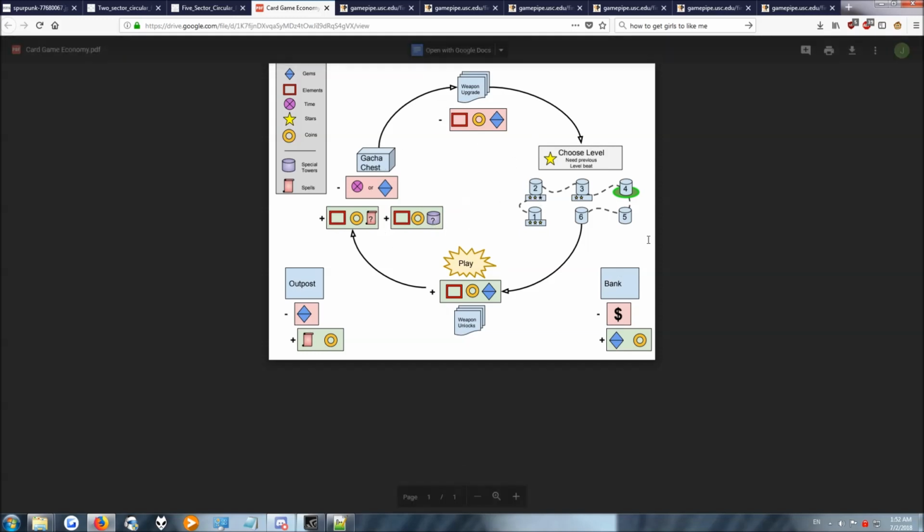For example, this doesn't really mention cards at all. It talks about weapons, but the terminology that we settled on was that the chests should unlock cards, which the user can upgrade at the upgrade facility.